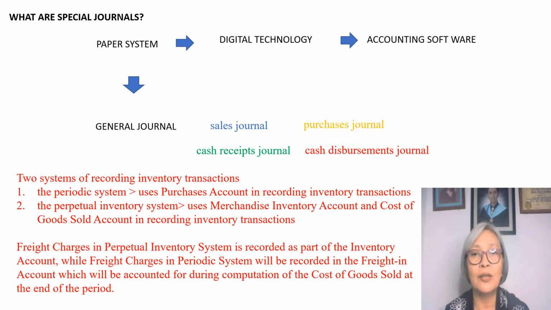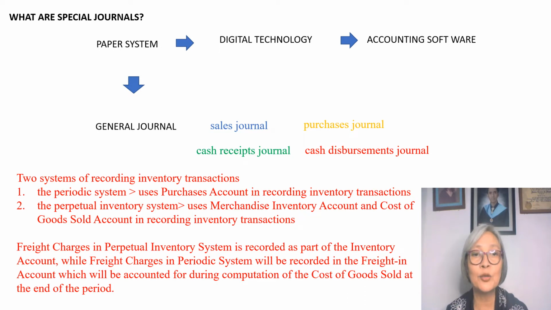Sales journal for the sales on account, cash receipts journal for all cash received, purchases journal for purchases on account, and cash disbursement journal for all cash payments.